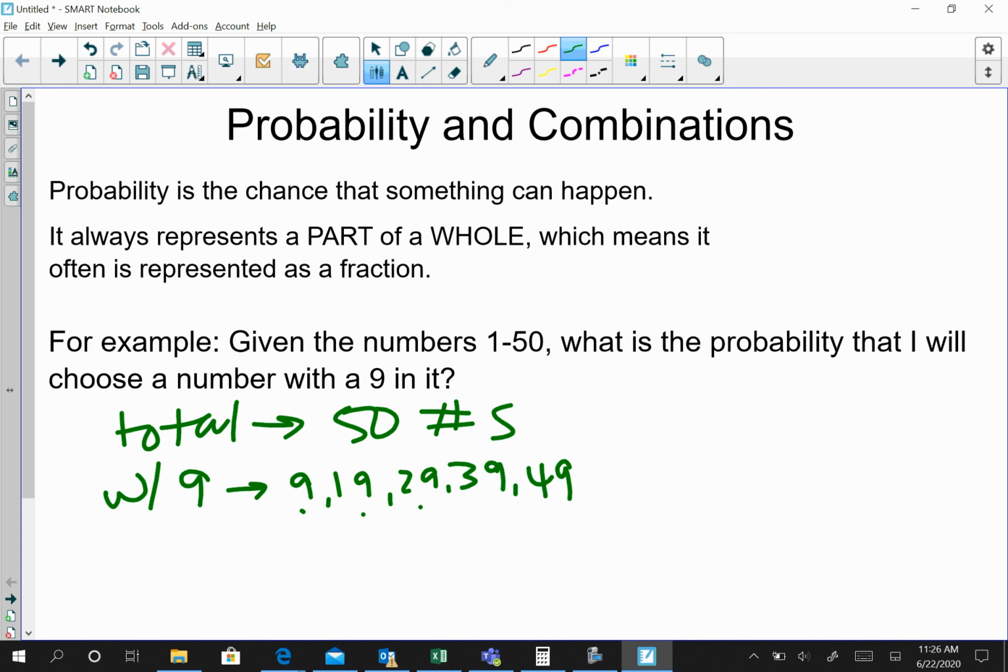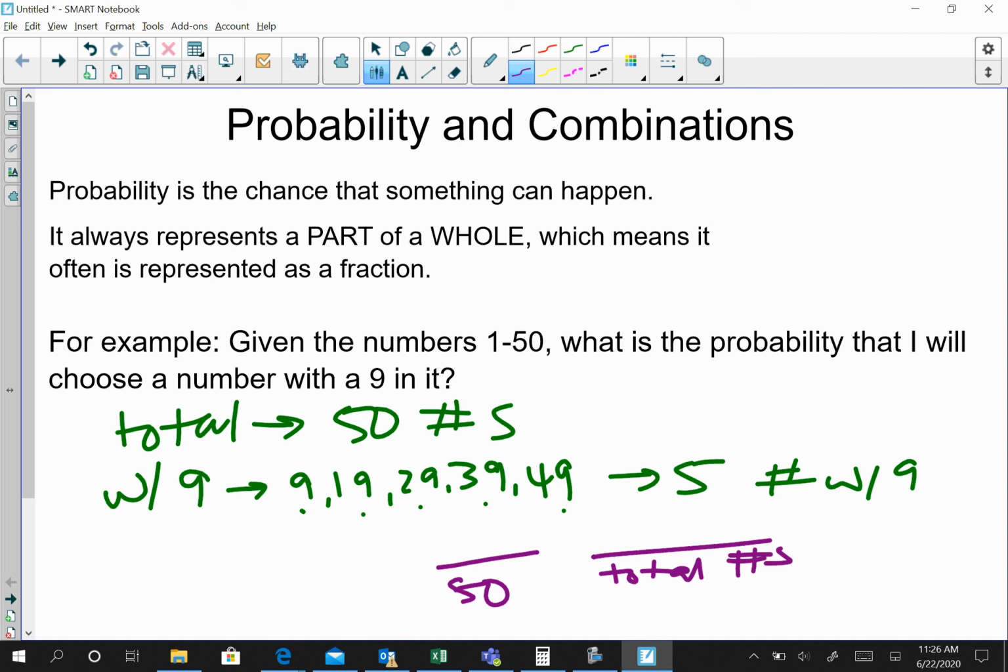So I have 1, 2, 3, 4, 5 numbers with a 9 in it. So out of my 50 numbers, this is my total numbers, I have 5 with a 9.